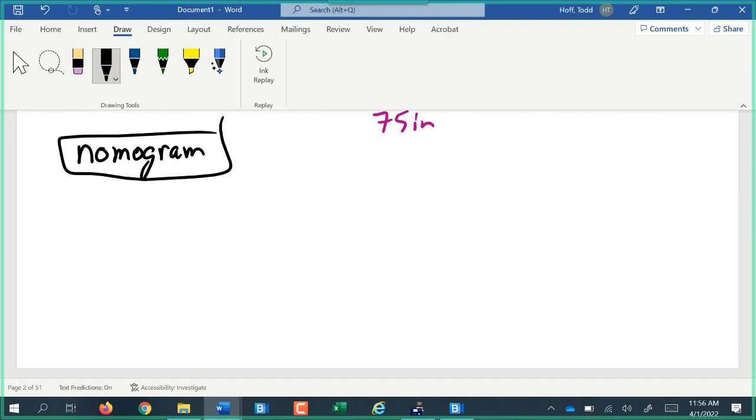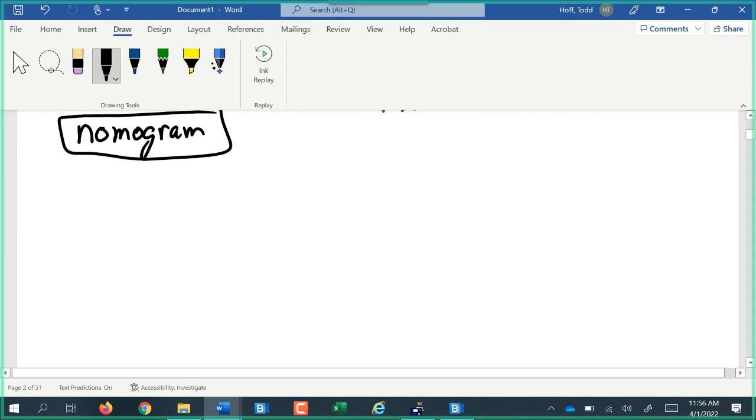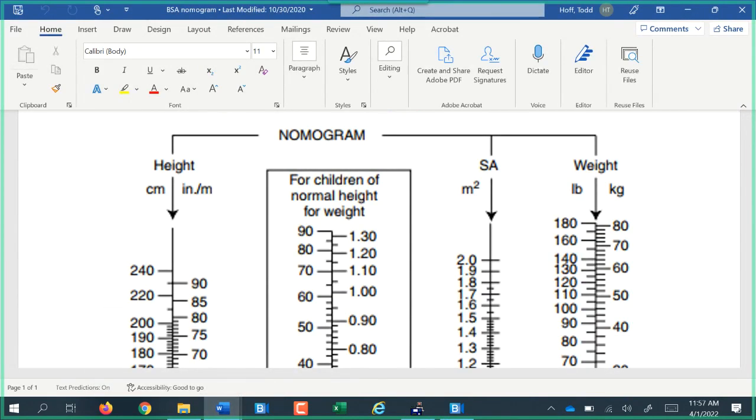It's used in engineering, for estimating the amount of materials needed for certain things. It's used in a ton of stuff. The nomogram here uses the same information we've been using. It uses height and weight or mass to estimate body surface area. So the nomogram looks like this.